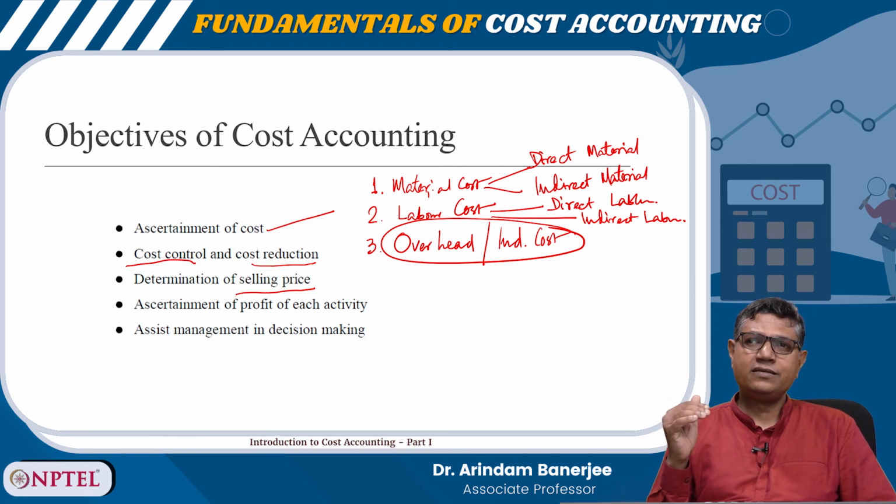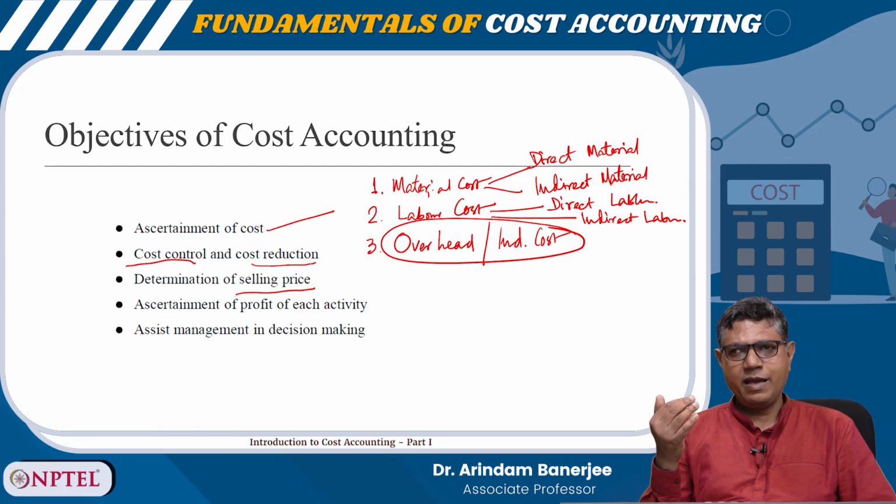Otherwise, if I sell it at a lower price, sometimes companies sell at a lower price, which is called penetration pricing, to enter into the market. But that can only be a short run provision. We cannot sustain penetration pricing for a longer term.